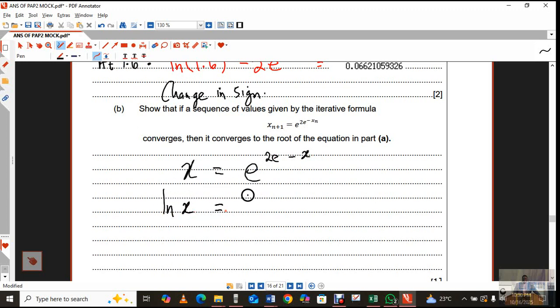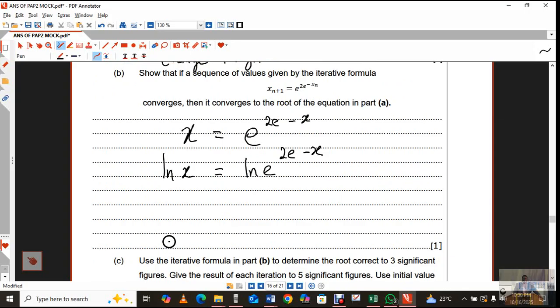The natural log of x equals the natural log of e raised to the 2e minus x. At the end of the day, this will give you what we're looking for. The natural log of x is equal to 2e minus x times the natural log of e, which becomes 1. Therefore, the natural log of x is equal to 2e minus x.